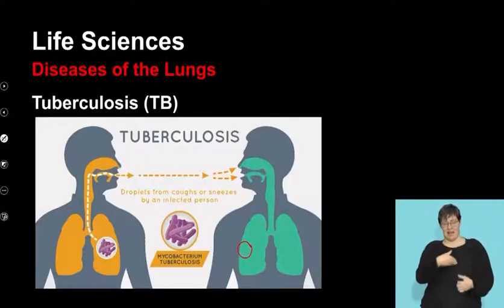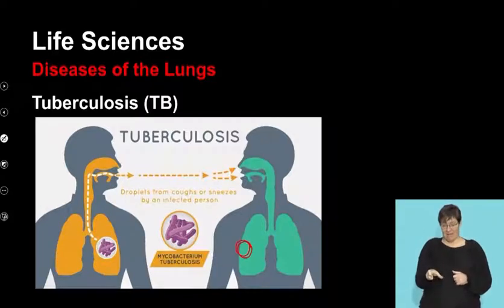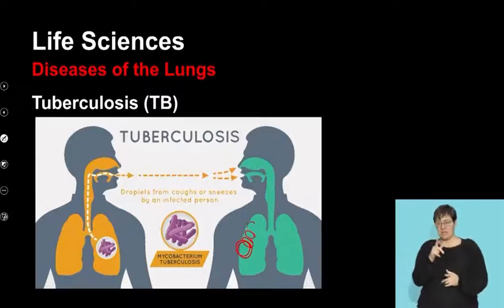Now, we have looked at it before when we looked at microorganisms, but as we said, in a person that is healthy, the bacteria is going to sit in a capsule in the lungs. But as soon as the person becomes immune suppressed, what we mean is the immune system is not working so well, the bacteria are going to start to divide.